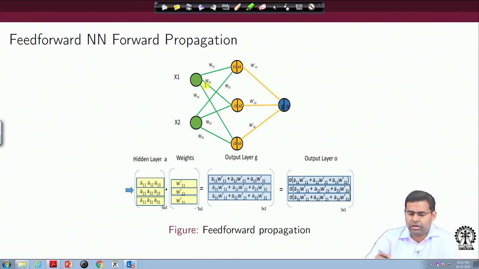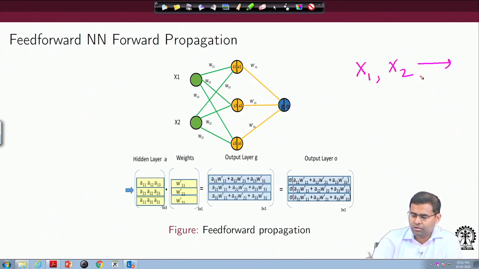So, essentially we are trying to learn a relationship like this: x1, x2, so f of this.